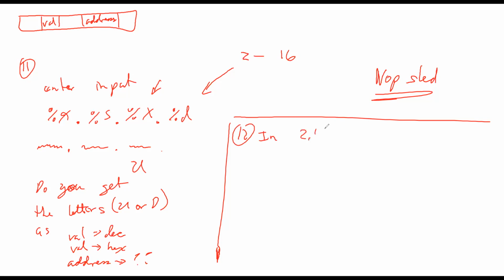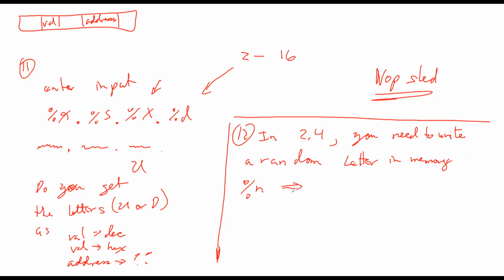In 2.4, you need to write a random letter in memory to replace U and D. Okay, so you need to do that. As it turns out, we can use the %n for that. %n by definition writes.